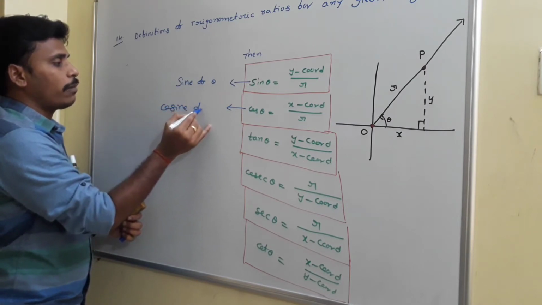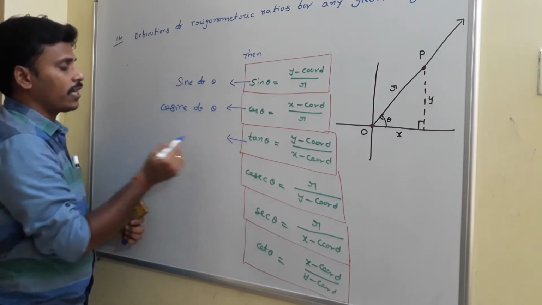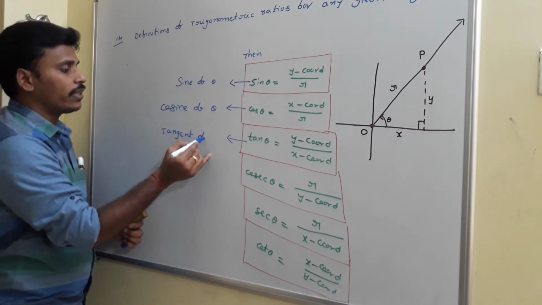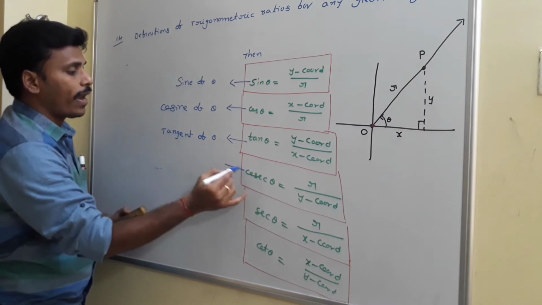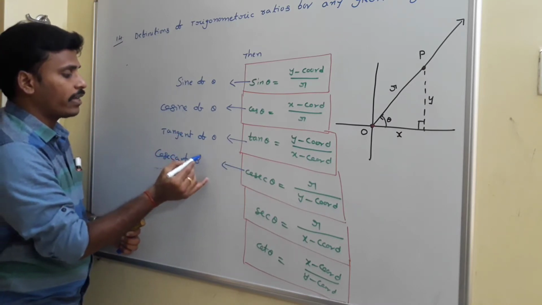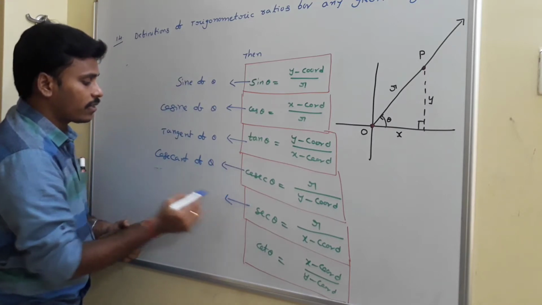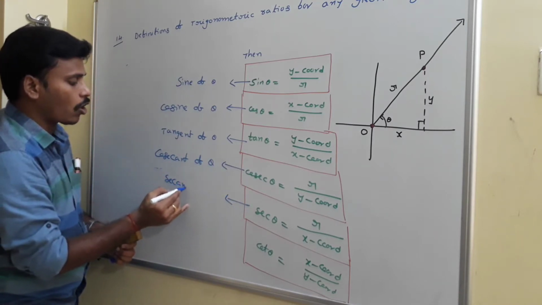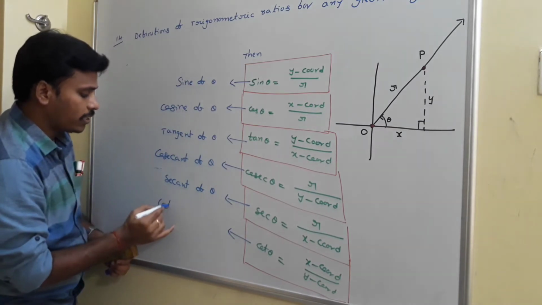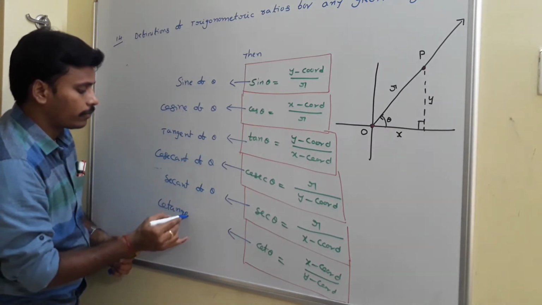These are the exact names, and in short we call them sin theta, tan theta, like that. Tan theta is tangent of angle theta, whereas cosecant theta is cosecant of angle theta. Sec theta is nothing but secant of angle theta, and cot theta is cotangent of angle theta.